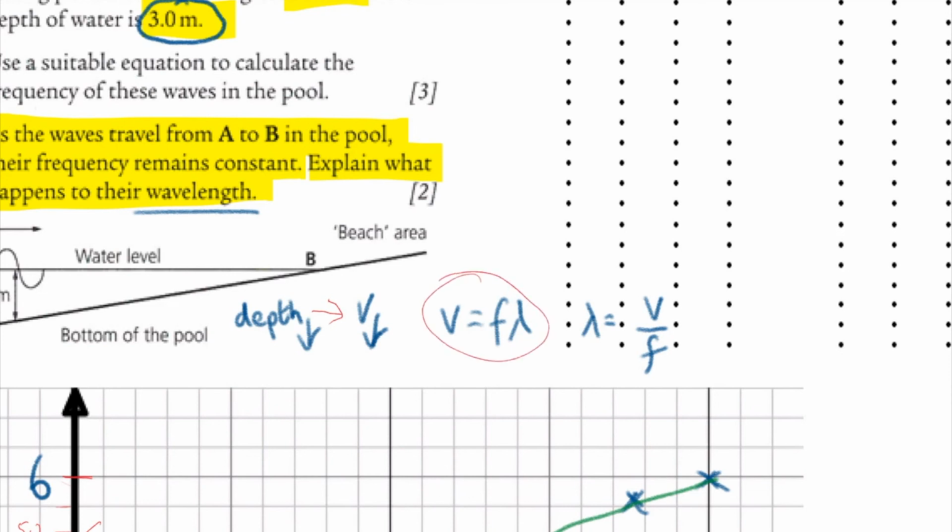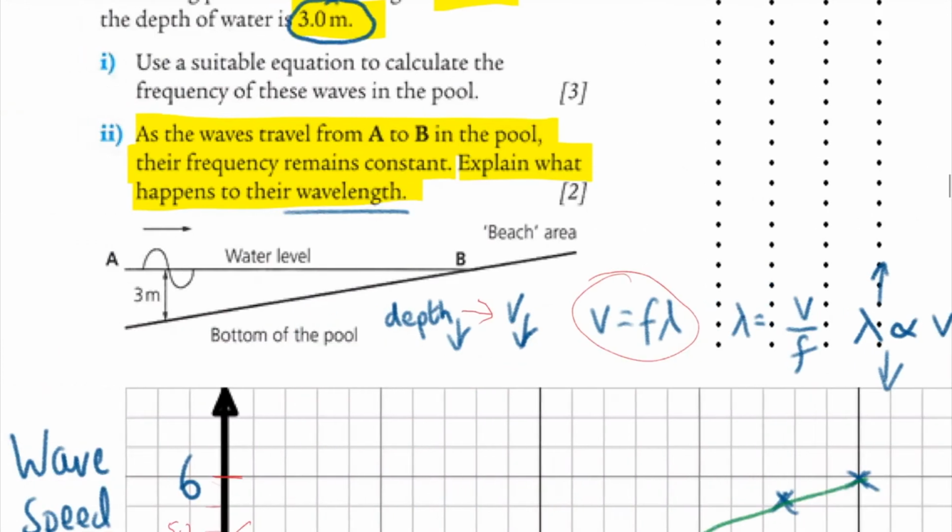Then we've got this relationship between the wavelength and the speed. What we can say is the two are directly proportional to each other because the frequency is a constant. Meaning that if the speed goes up, the wavelength goes up, and vice versa. If the speed goes down, the wavelength goes down.